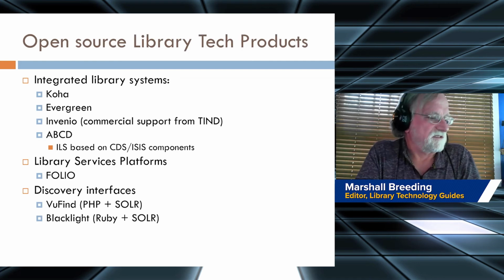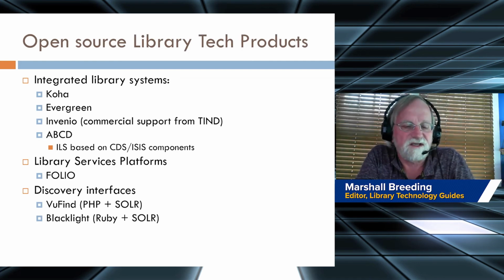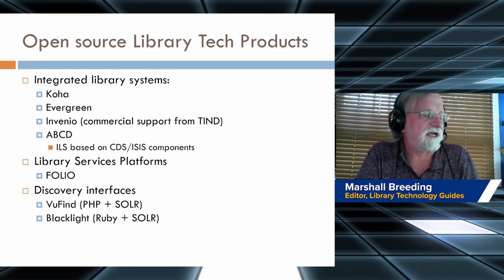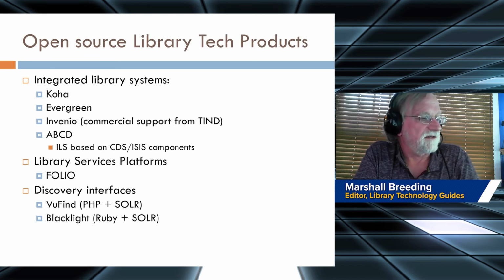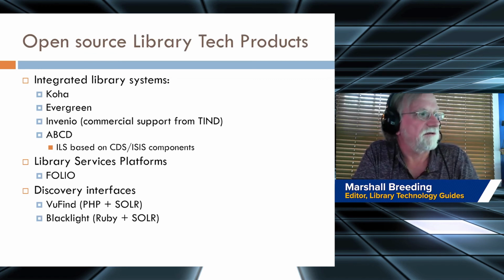And now there are dozens of commercial companies involved in its support. So it's in the earlier stage of things, but it seems like it's going to get traction as early adopters come online and as other libraries look to see how this software compares to the established proprietary systems.